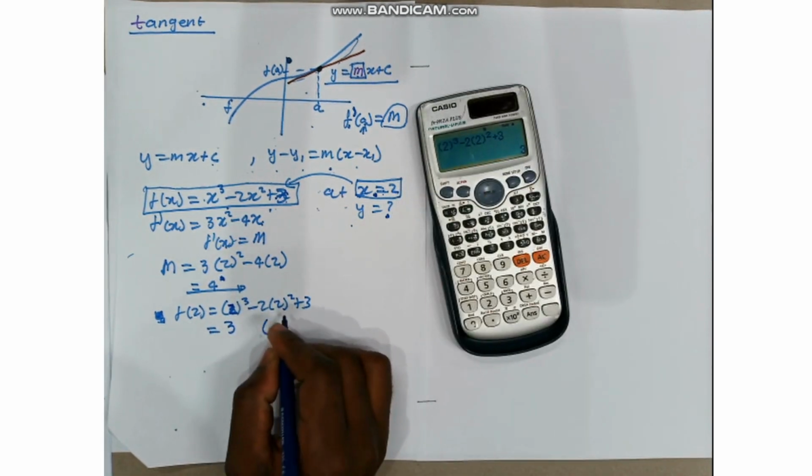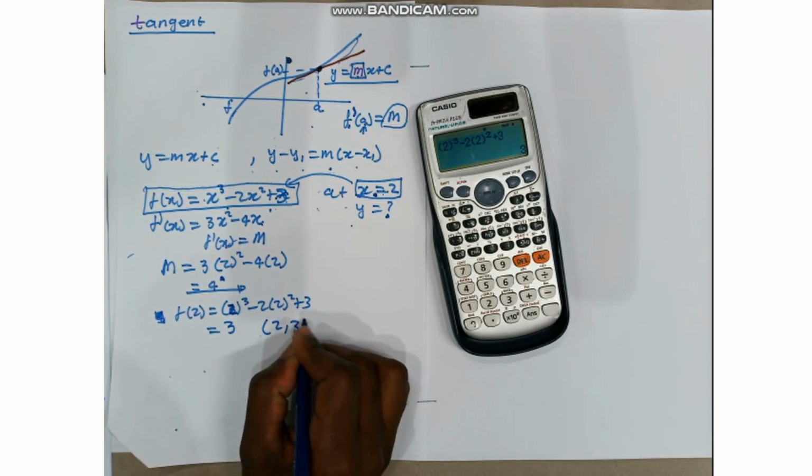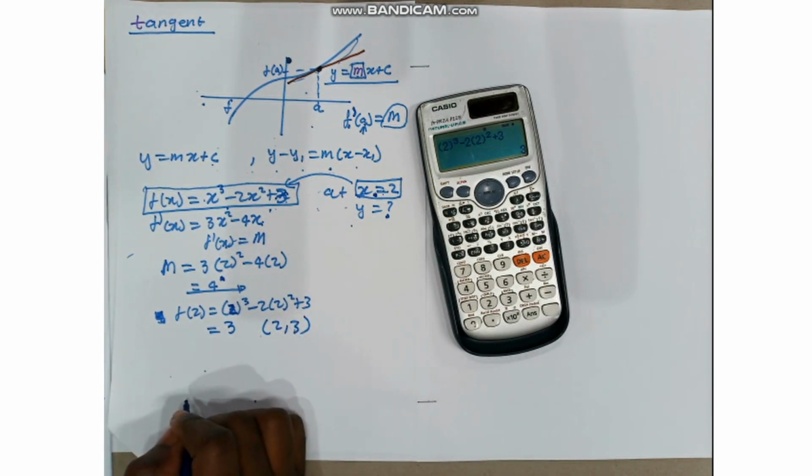Then our point is 2 maps to 3. Then we do have our whole point.